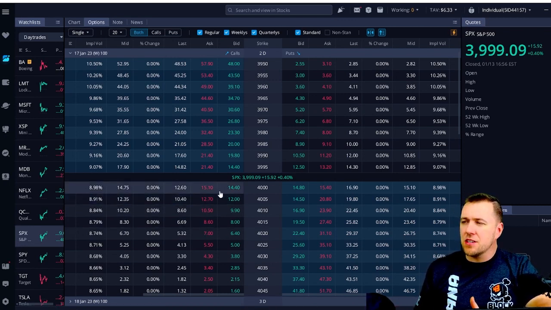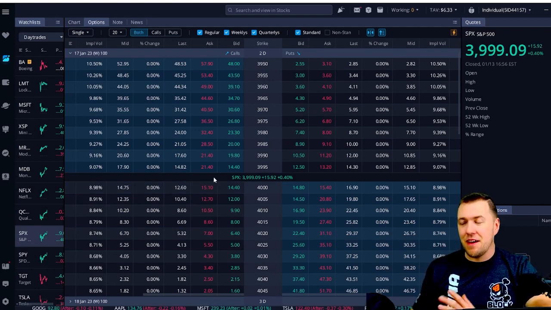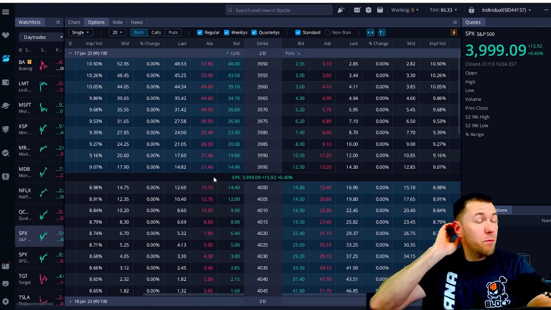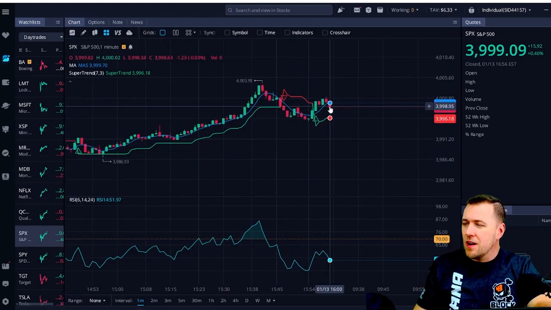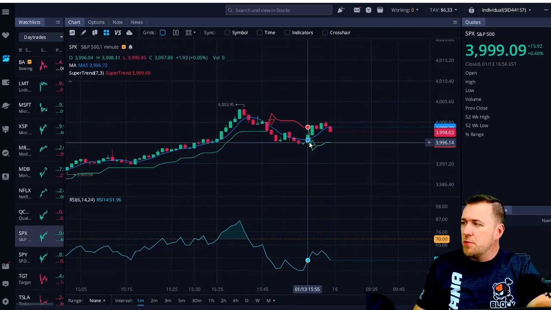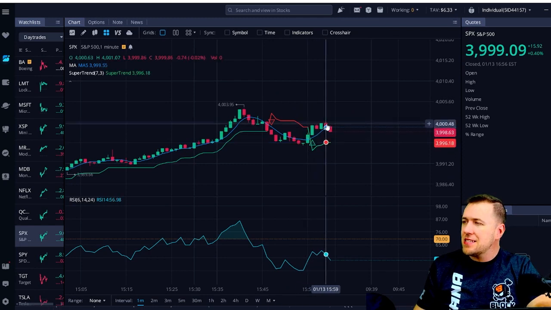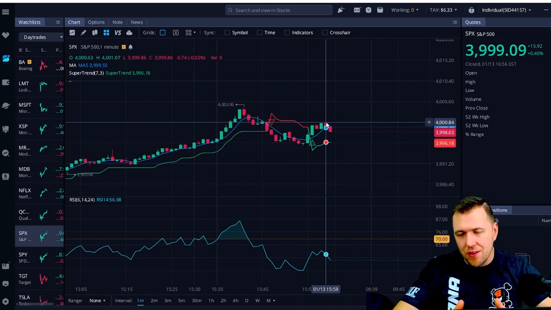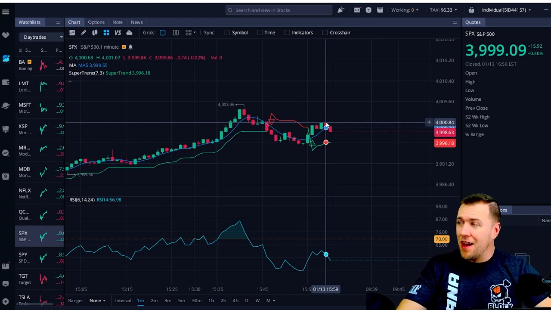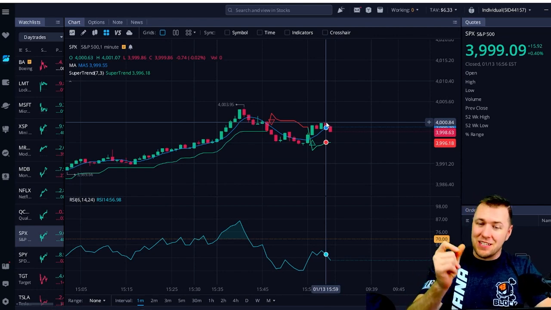If this 4,000 call at close, the stock is under $4,000, that $1,400 is going to be worth zero. But if we do get an end of day move, like we saw right here on Friday, where we see a move from $3,996 to $4,000, that contract can easily go from $100 to $400 in a matter of 2 or 3 minutes. That's a 4x trade, 400%, just like that.